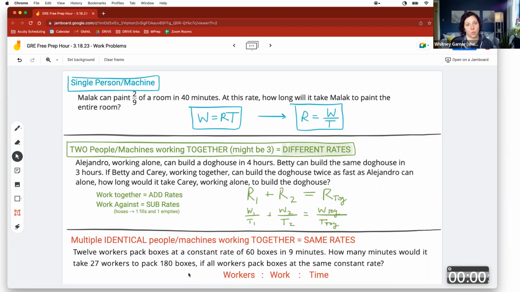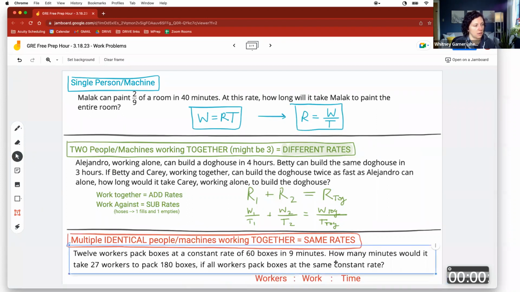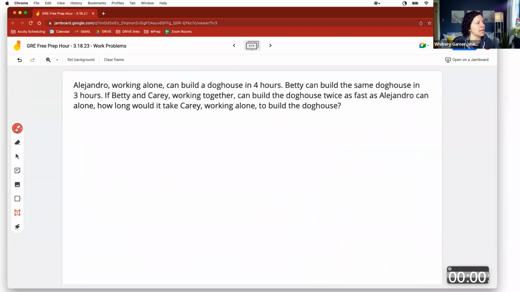But I find it makes life way easier for most people in dealing with these problems. Okay, so we'll come back to this one. We're going to focus in, for now, on our second item here. So we'll go to this Alejandro problem, and we'll set it up.